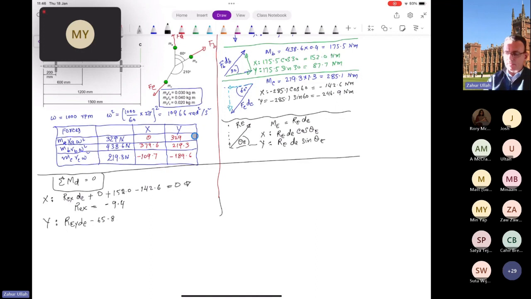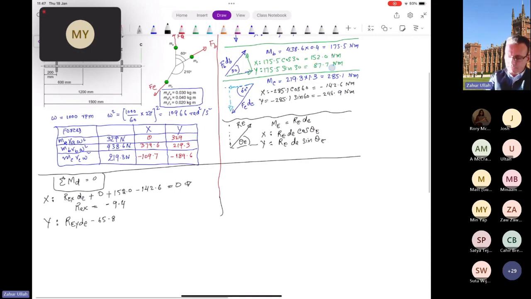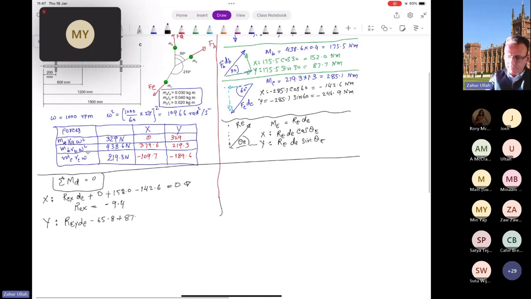Okay, and then the other one, which is this one, 87.7, which is plus 87.7. And then the third one, which is negative, minus 246.9. And this should be equal to 0. So from here, you will be able to calculate REY.